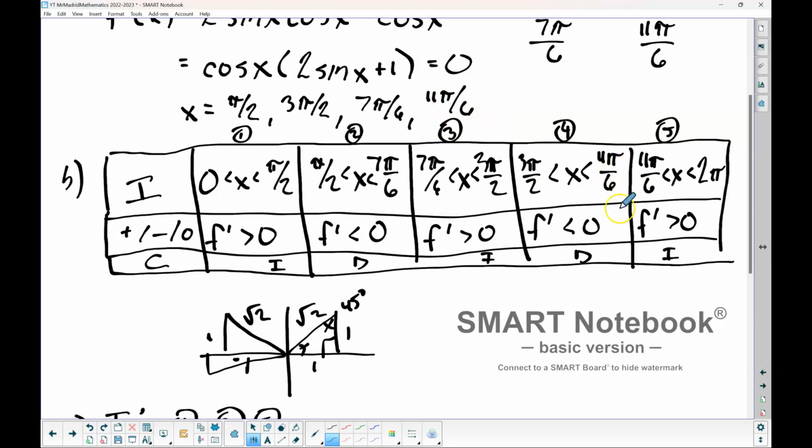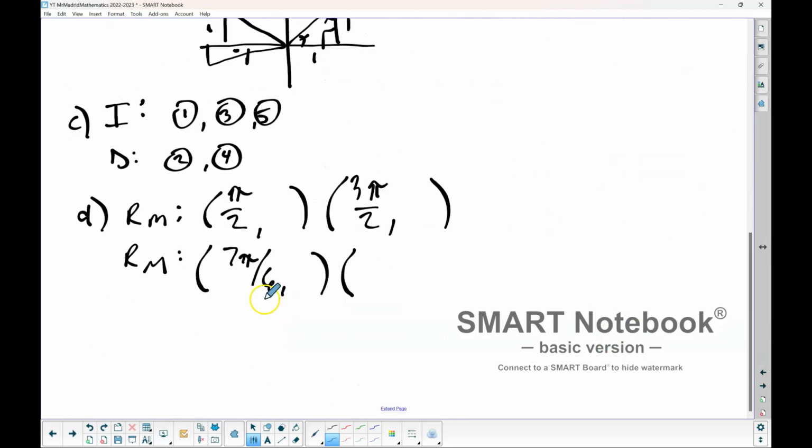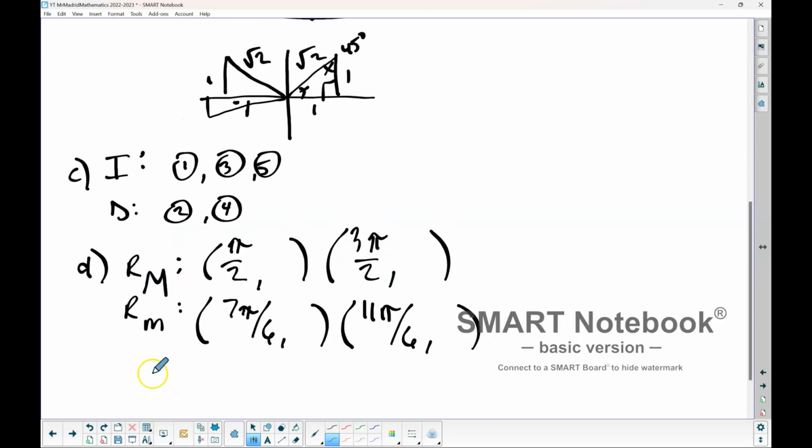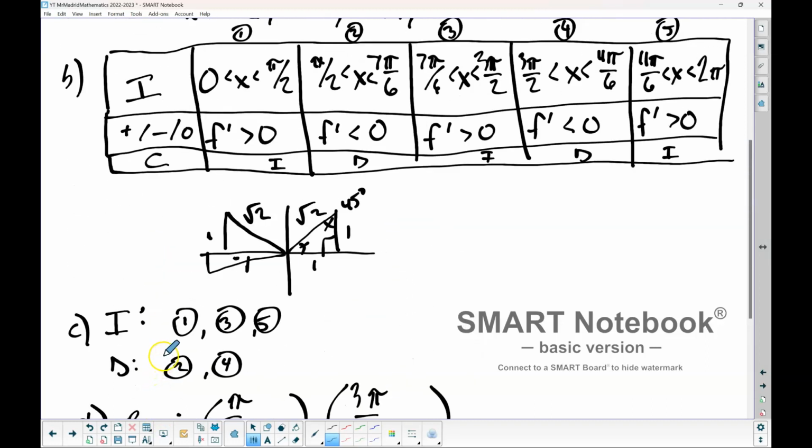What's happening to the left? Decrease and then increase, so that's the relative min, and I should switch them. If you caught that, good. If not, I just had them switched around here. So these are the max, uppercase M, and the min, little m. So that's off of the reading.